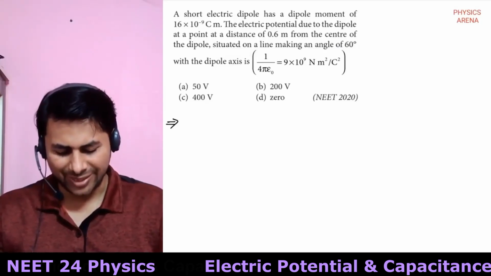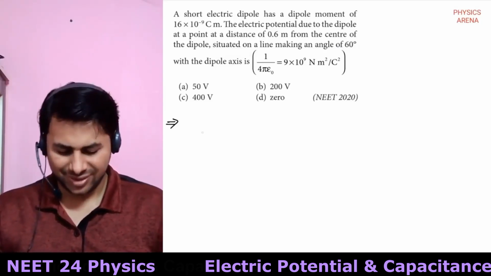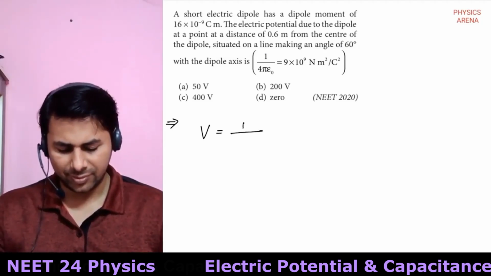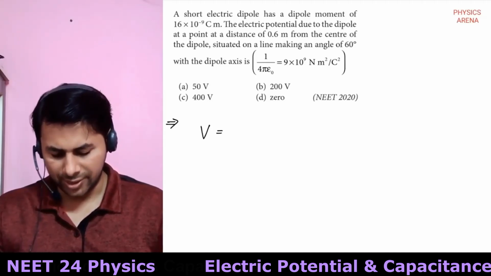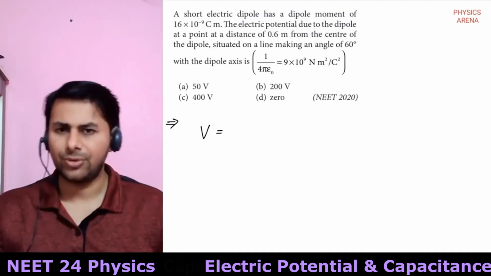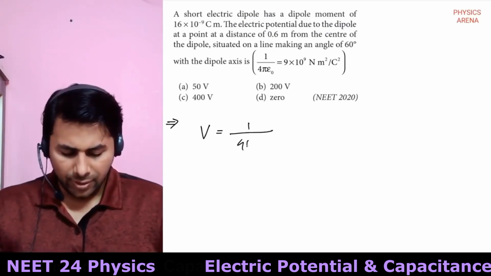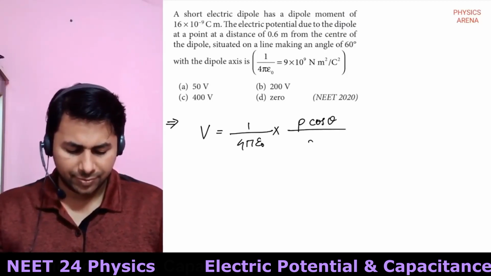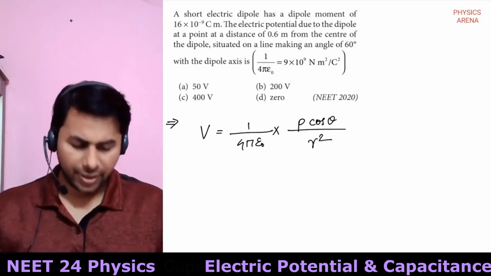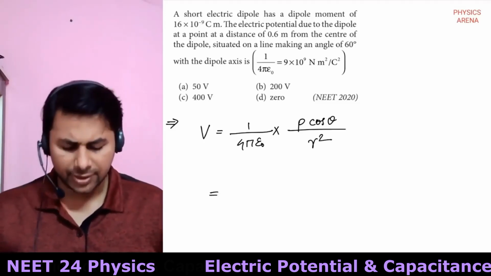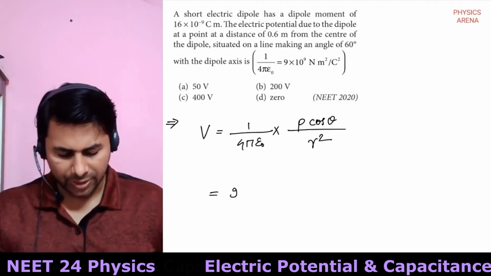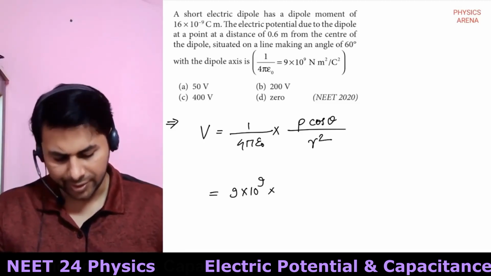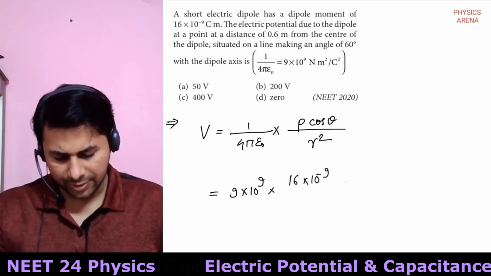So they are saying use the formula V is equal to, no, you don't want the potential energy, you want electric potential due to the dipole. 1 by 4 pi epsilon naught P cos theta upon x square, or r square, same thing. So 1 by 4 pi epsilon naught is 9 into 10 raised to 9. P is given, 16 into 10 raised to minus 9.